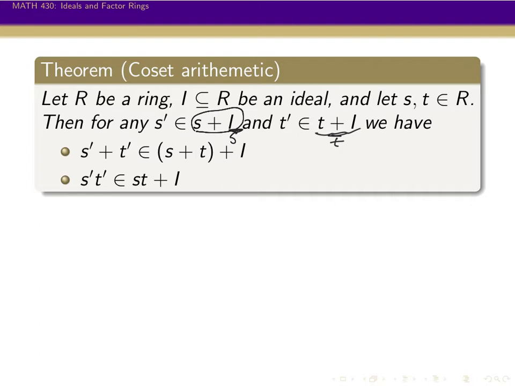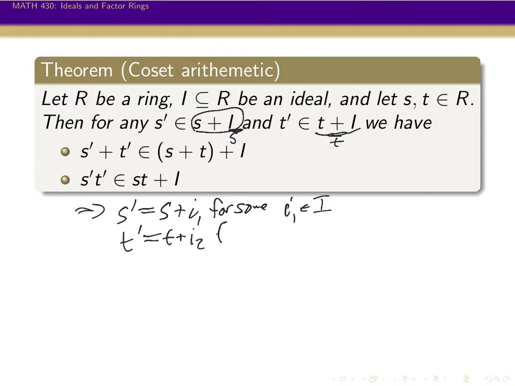Since s prime is in s plus I, this means s prime is equal to s plus I1 for some I1 in I. Similarly, t prime we can write as t plus I2 for some I2 in I. Then s prime plus t prime is equal to s plus I1 plus t plus I2.